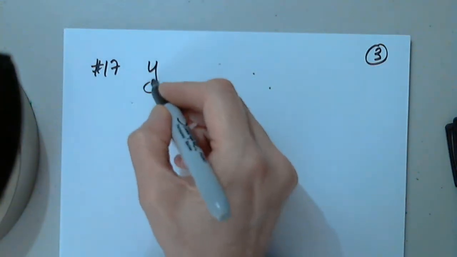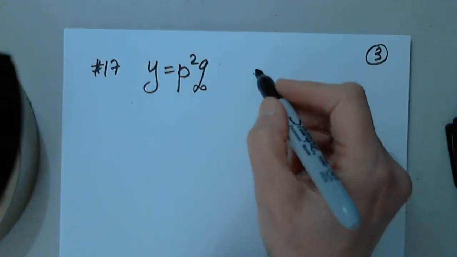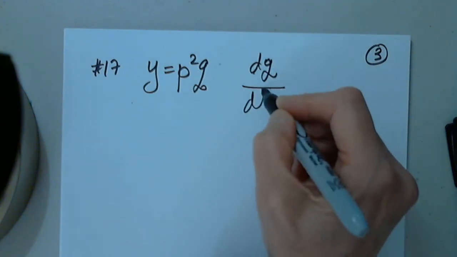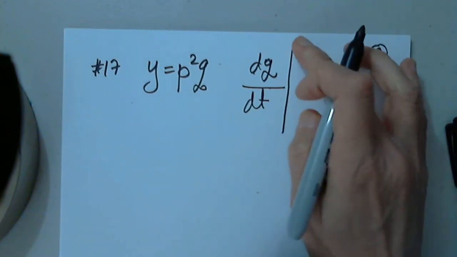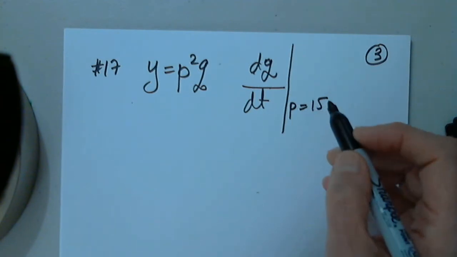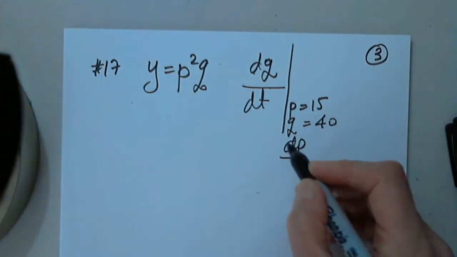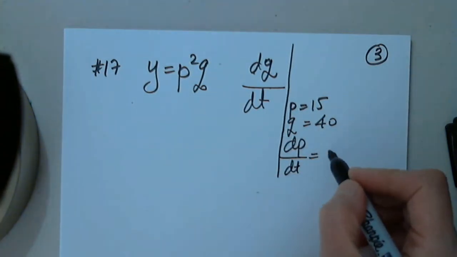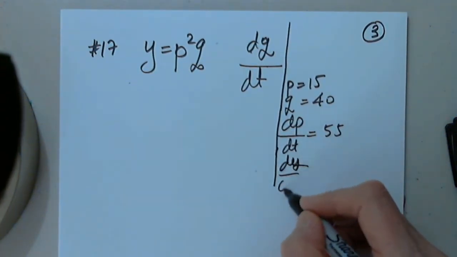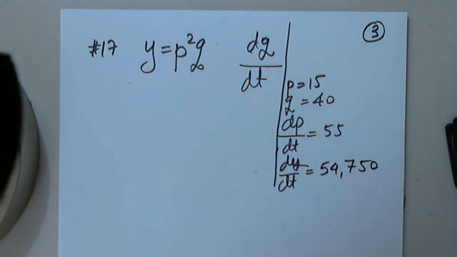We are given that y equals p squared q, and they're asking us to find dq over dt when, so this bar really translates into when p is 15, q is 40, dp over dt equals 55, dy over dt equals 54,750.